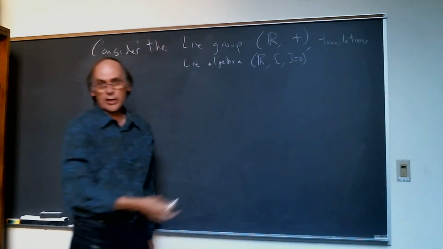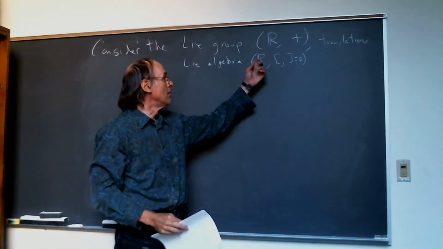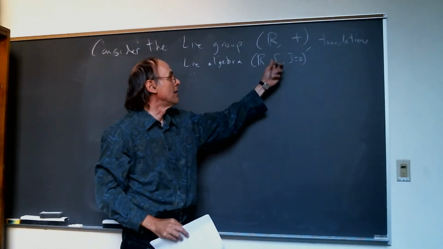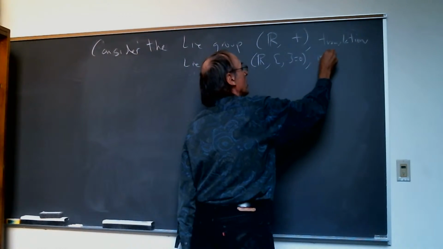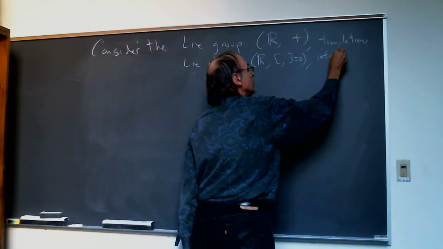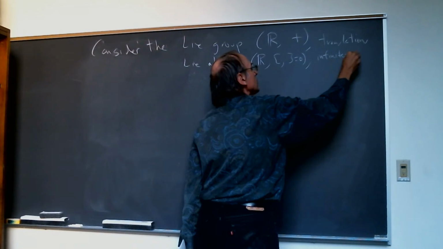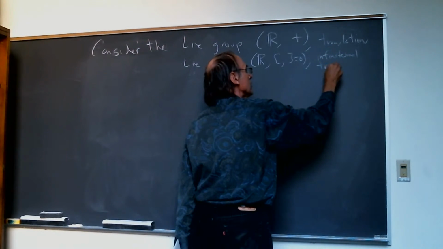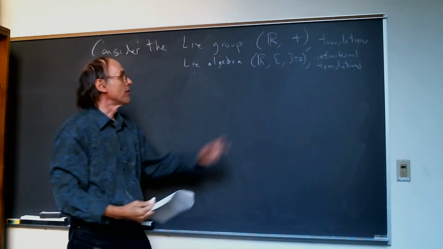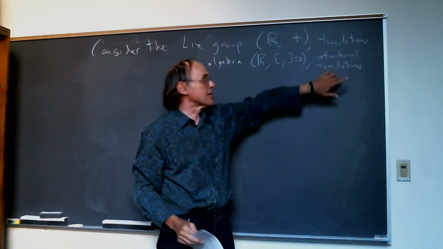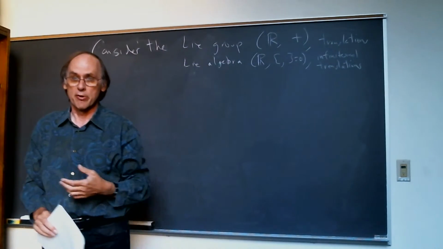So it's a trivial, one-dimensional Lie algebra, and its Lie bracket is 0, and this is going to be the infinitesimal transformation. The derivative of a translation is just an infinitesimal translation.